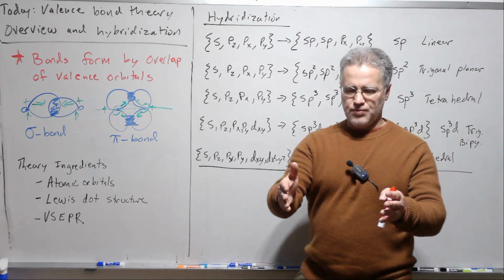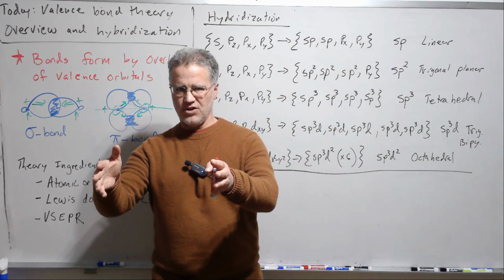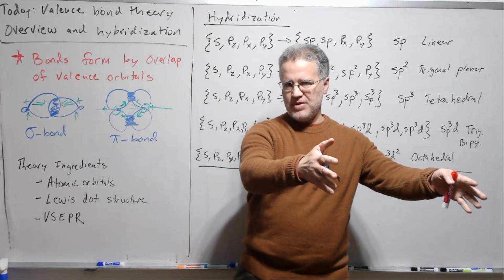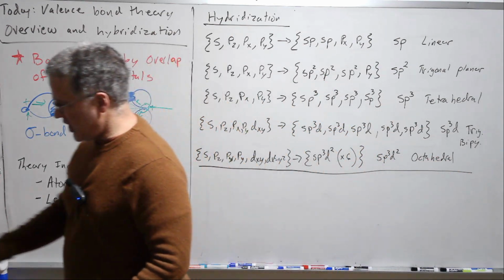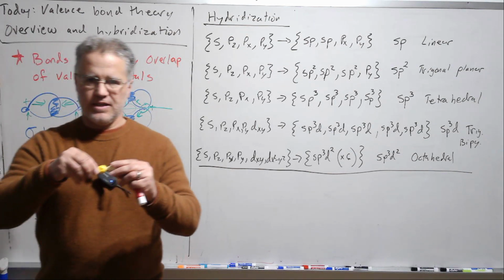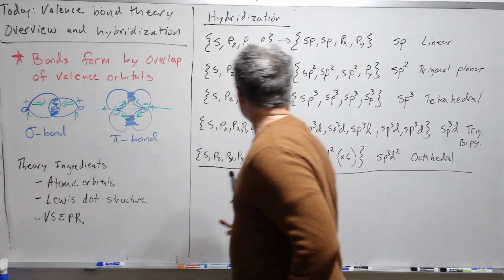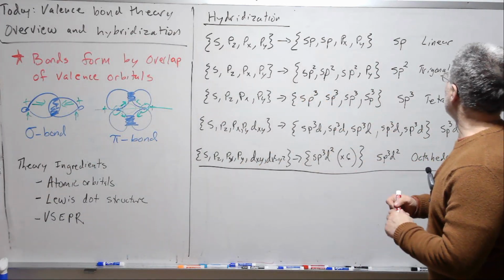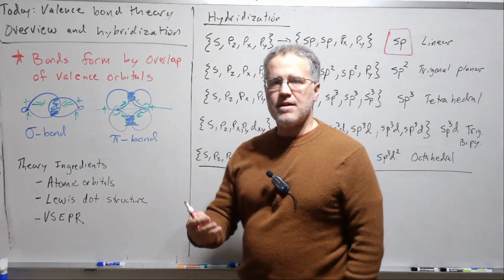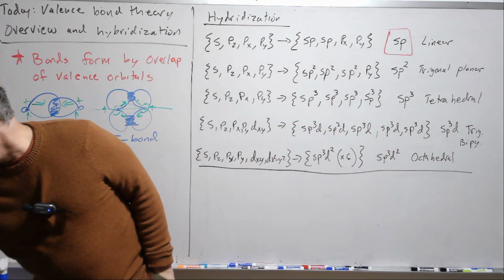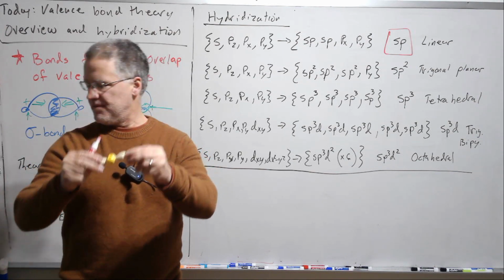So one of the big principles is whatever number of orbitals you start with in your hybridization process, you get that many orbitals out. Now, we have to make all the different geometries. We have to make the linear geometry. So let's start with linear. The hybridization scheme there is called sp. So we say this atom is sp hybridized.